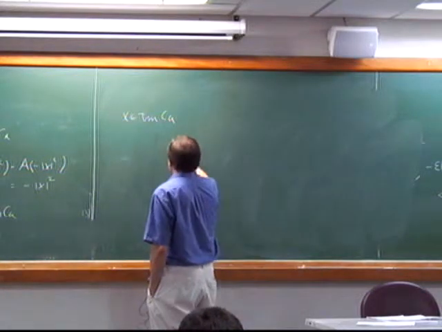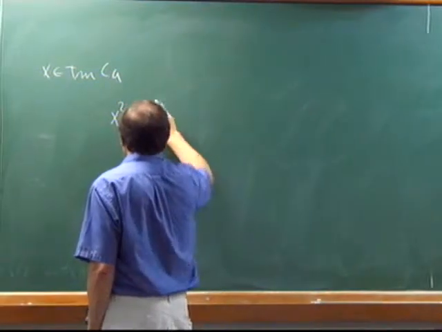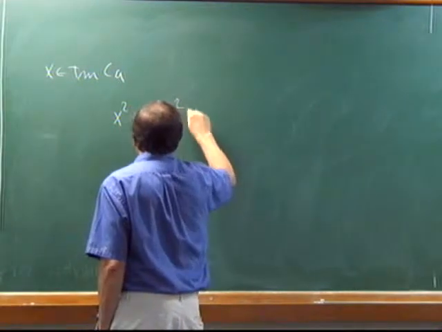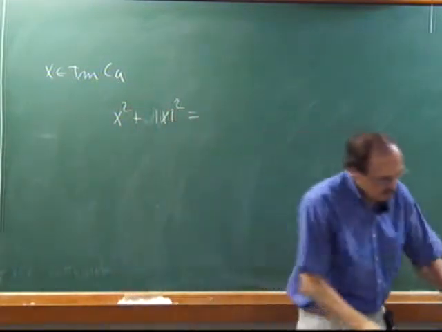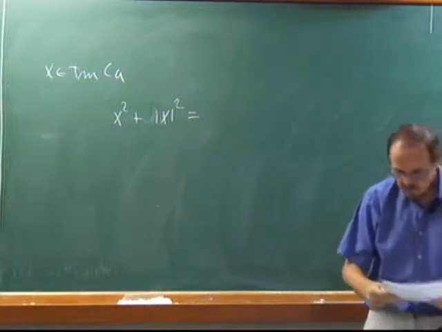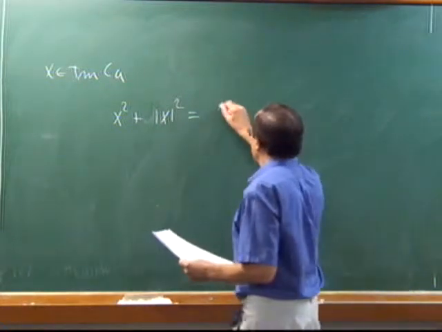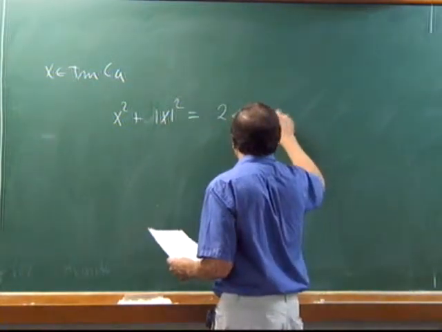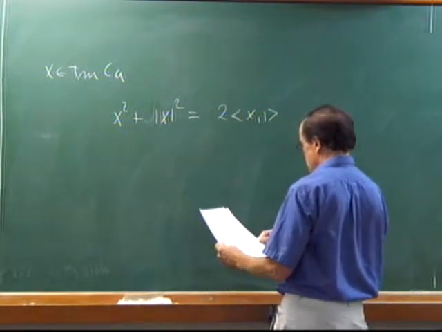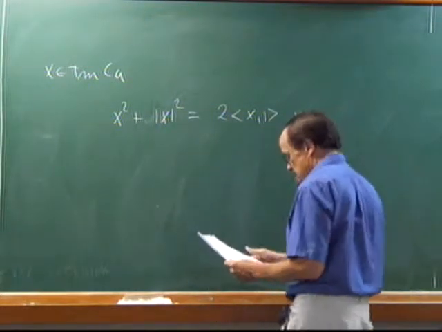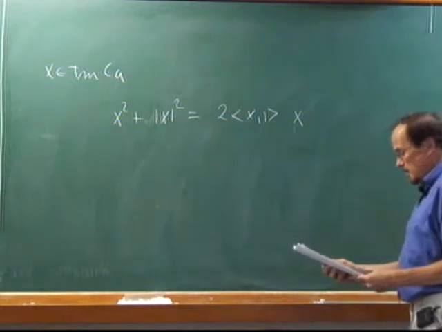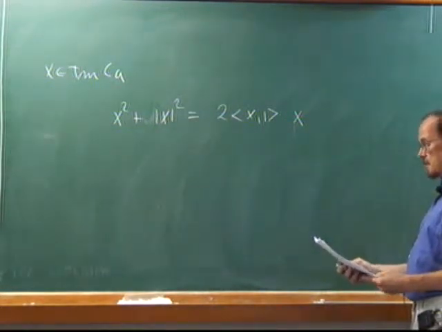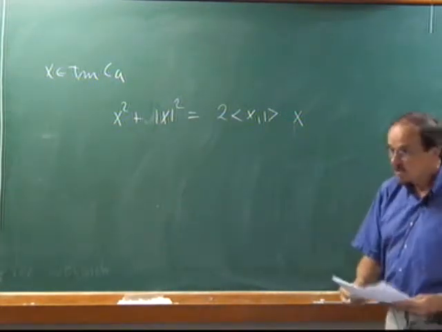For this, I use the following equation: x squared plus norm x squared is equal to two x1 times x. And this is rule 7 probably.